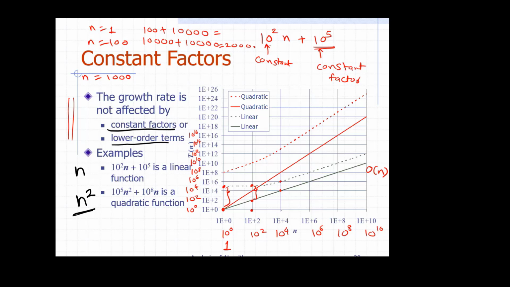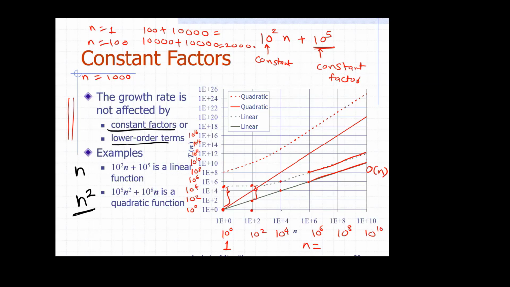This function, since it has a constant, obviously is going to be higher than my n. Now what happens when the input size n becomes 10 raised to 6? You will see that now this is the time taken. So after this point, you will see that the growth rate of these two lines is the same.